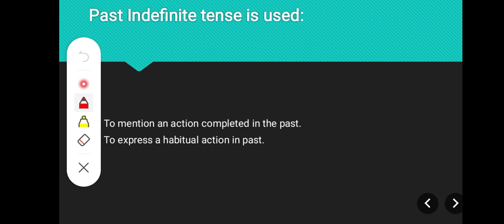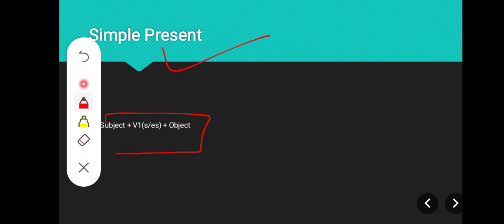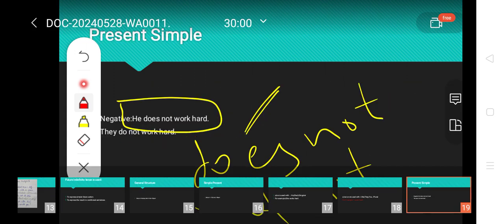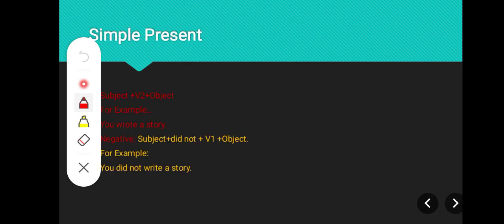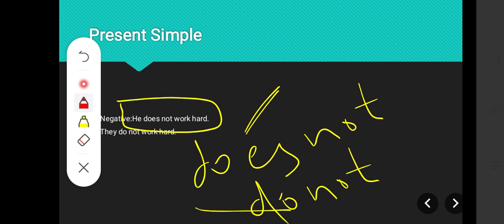Then we have past indefinite tense. Let's talk about the general structure of past.